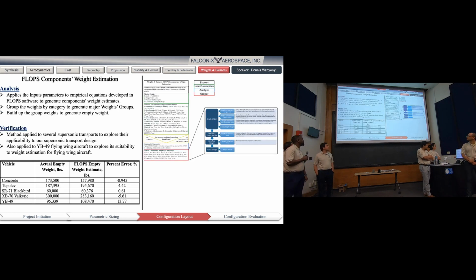In here, the method was verified using several supersonic vehicles, including the Concorde and Tupolev, but the main one here being the YB-49 that has almost a similar configuration to what we have, so an error of 13.77%.